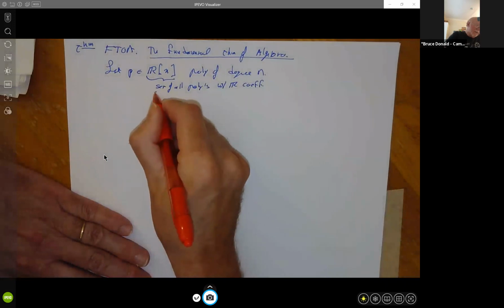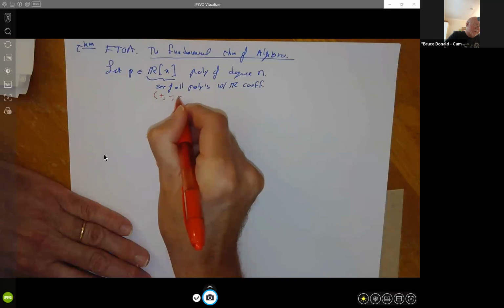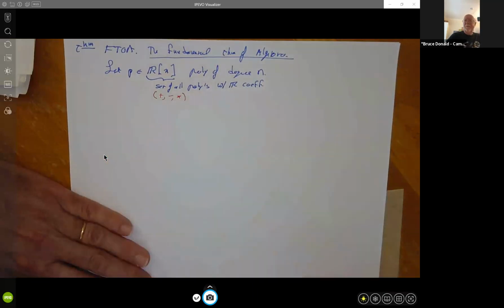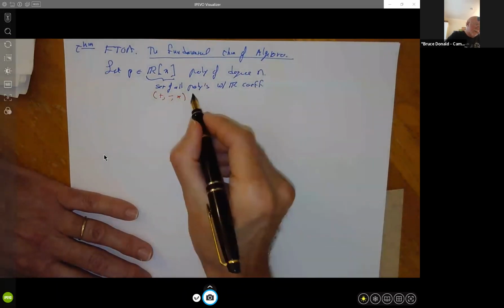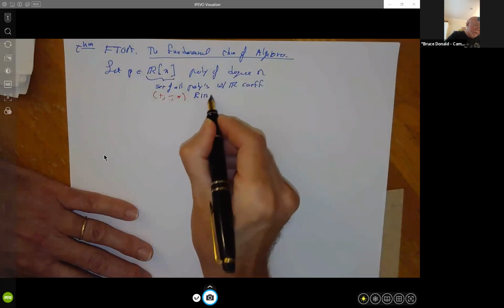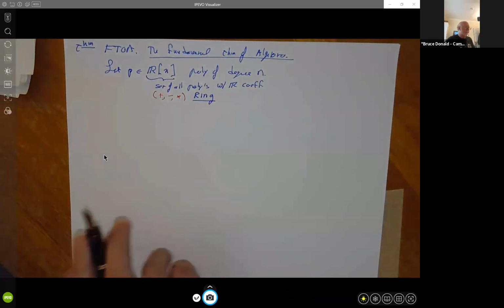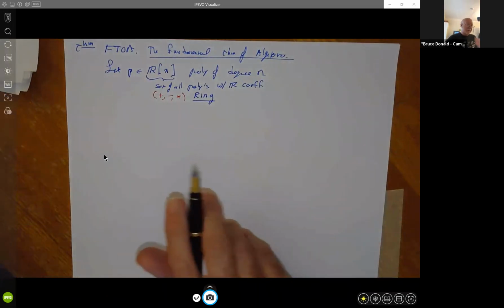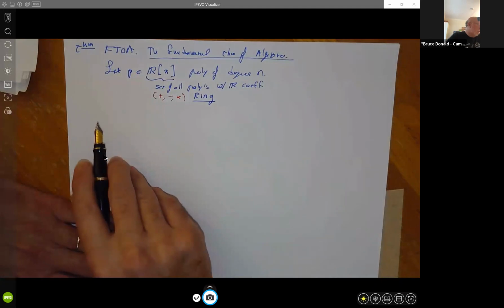So if we add to this set the operations plus, minus, and times, this particular set is called a ring, a famous object in mathematics. In rings you can't necessarily divide, but you can add, subtract, and multiply. So that's just notation for this set of polynomials.